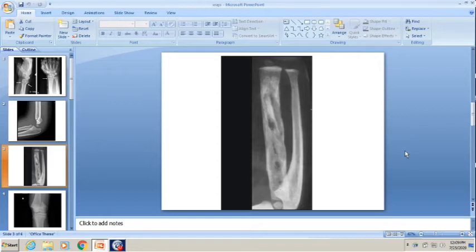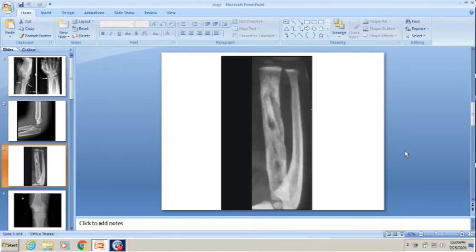Sir, there is some underlying disease, osteomyelitis. Okay, there may be some underlying disease like osteomyelitis, but where can you clearly find any break in continuity of bone? Like you are saying, it's a fracture. What is a fracture? A fracture is something when there is a break in continuity of bone.